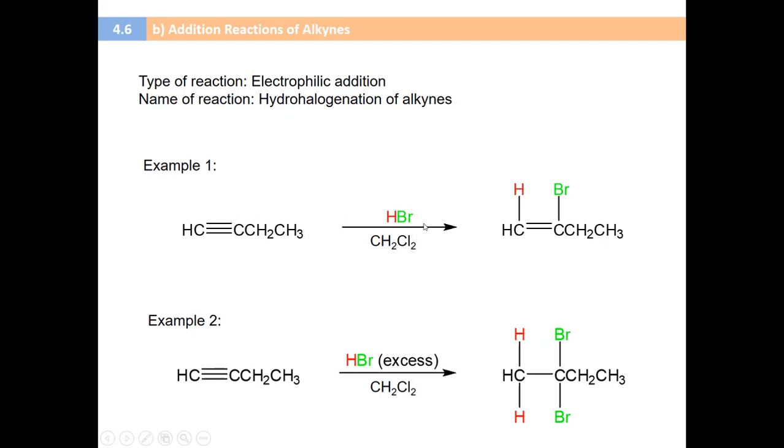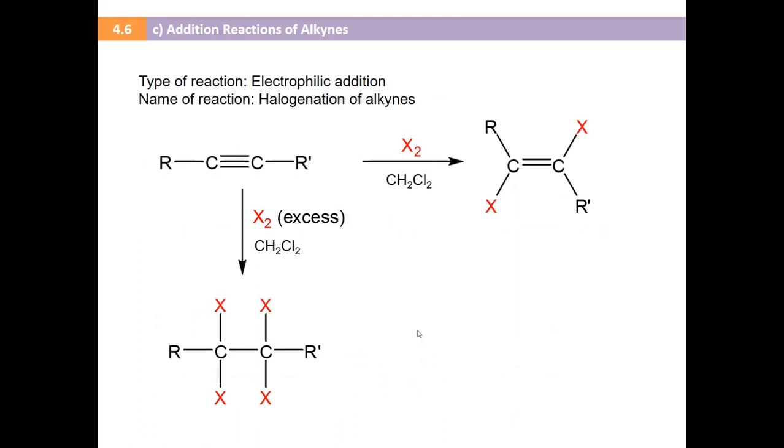This rule follows the Markovnikov rule. Okay, if it reacts with hydrogen bromide in excess, it will produce a single bond. So everything you need to follow the Markovnikov rule.